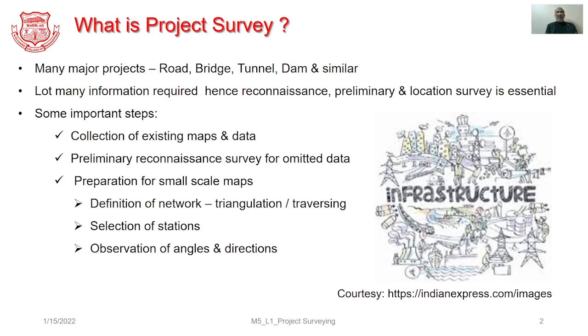It could be having some specific dispositions. It would be having a certain exact footprint, and hence there is a need to define the angles as well as directions of the alignments as well as the overall footprint of a particular project.